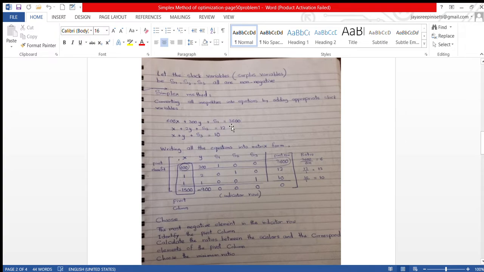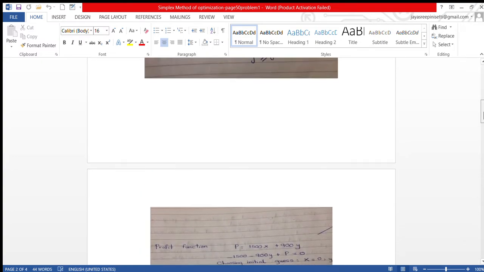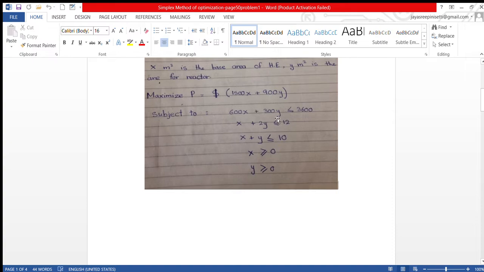Here also we should remove the inequality constraints. There we didn't add any extra variables, but here you must add an extra variable for removing the inequality constraints. Take the first constraint here, 600x plus 300y less than or equal to 3600. We have to remove the inequality constraint and add a variable.